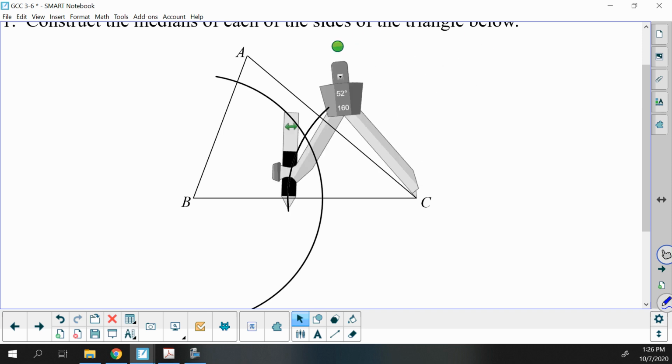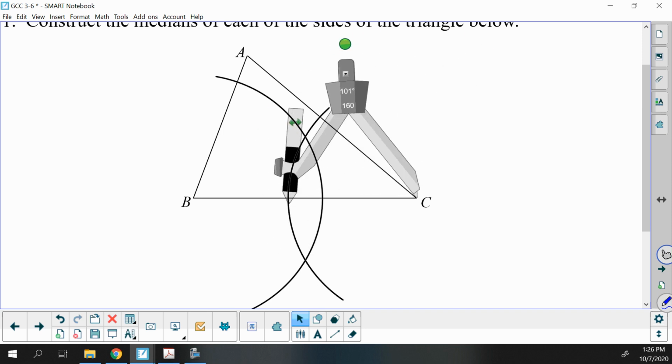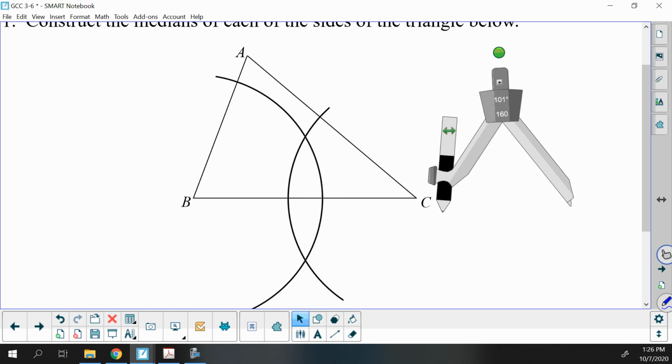We'll swoop up and swoop down with that same arc. Then we're going to connect those 2 intersection points. And then where that segment crosses BC, that's our midpoint. So that's our midpoint right there.